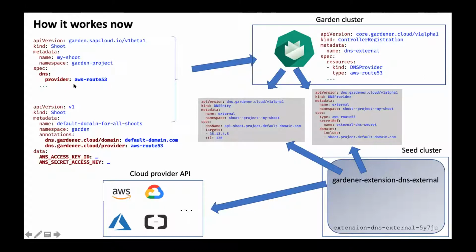That would just mean that Gardener would put this domain name in the server certificate of the Kube API server. But you would need to manage this DNS record yourself. Gardener would only put it in the certificate and that's it. Or you can also just say, I want to manage my DNS completely independent of Gardener, then just say provider is unmanaged and don't specify anything else.